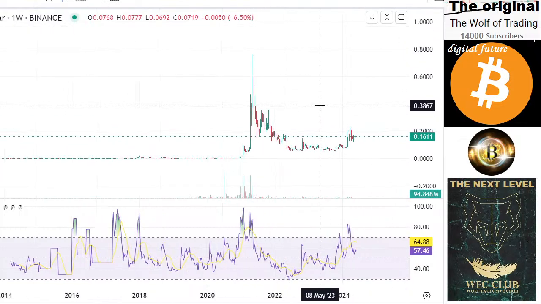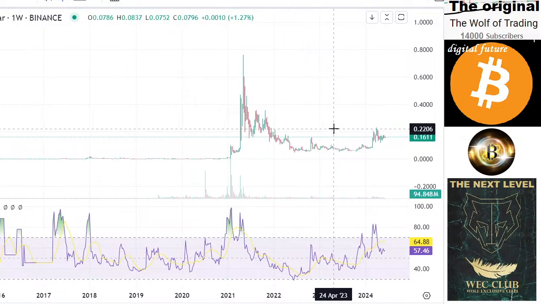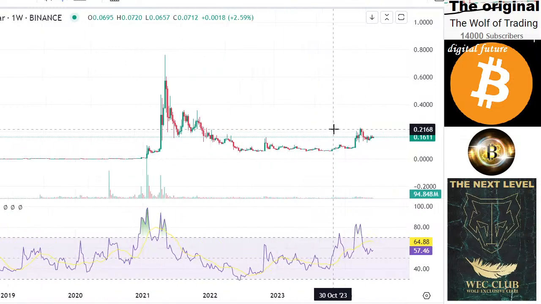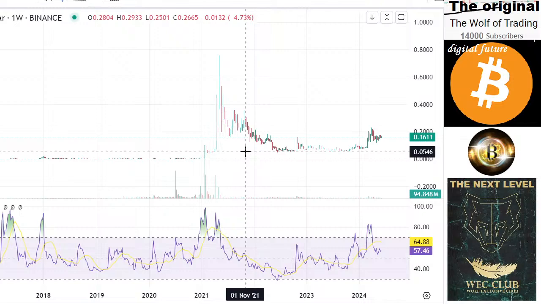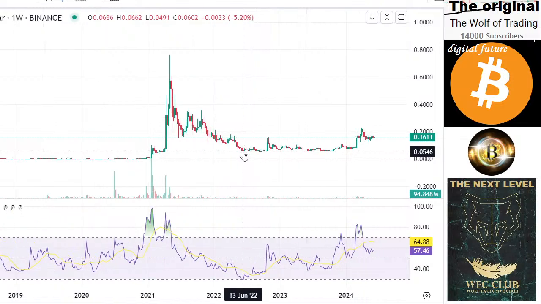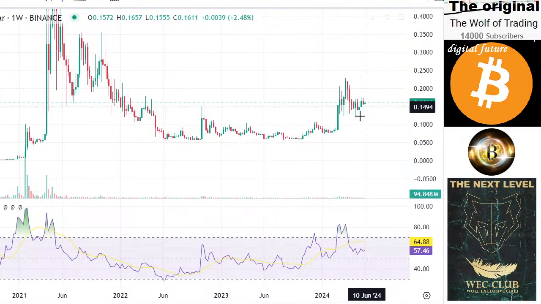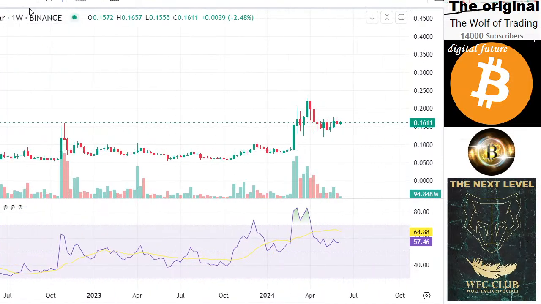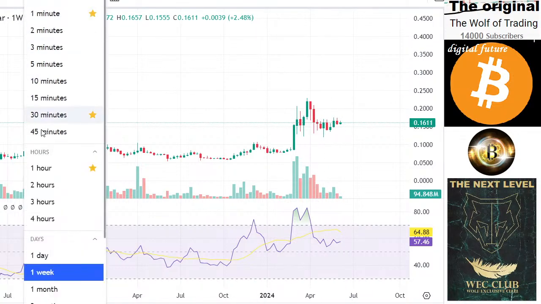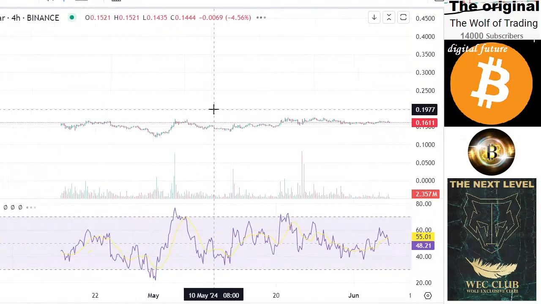This is more a political crypto. So this is not a crypto in which we say, okay, good news and good company and so on. So this crypto will fly. Let me look what we have here. First, you see here the left shoulder, head, to the right shoulder for me. You see the right shoulder is manipulated to the downside.